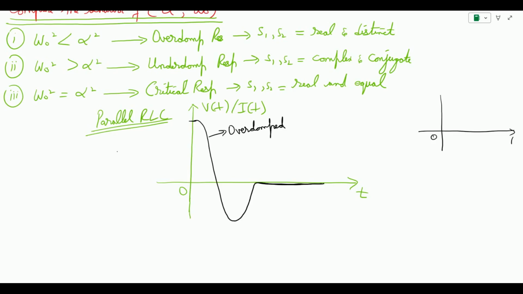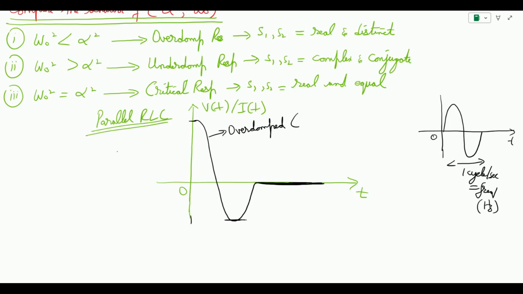So if this is any sinusoid, one complete oscillation is 1 cycle. We say this is 1 cycle per second, or normally we call this 1 frequency with the unit of hertz. So you can see in the overdamp, the oscillation is not complete. We just have one positive or negative peak in this case, and it has reached back to its final condition. So if this is the graph, you will immediately say that this is an overdamped response of the RLC circuit.